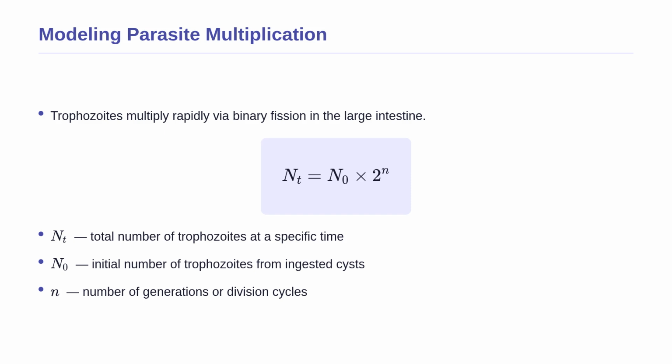N sub t represents the total number of trophozoites at a specific time. N sub 0 is the initial number of trophozoites that emerged from the cysts. The base 2 represents binary fission, and the exponent n is the number of division cycles. As the number of generations increases, the parasite population grows exponentially.